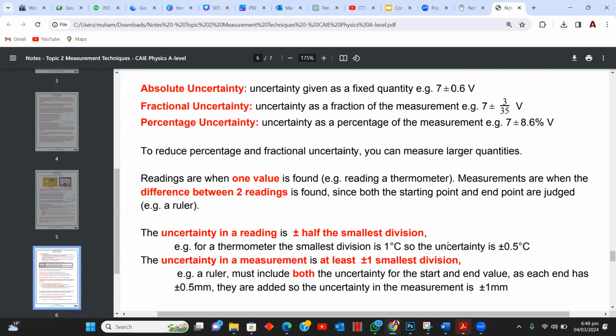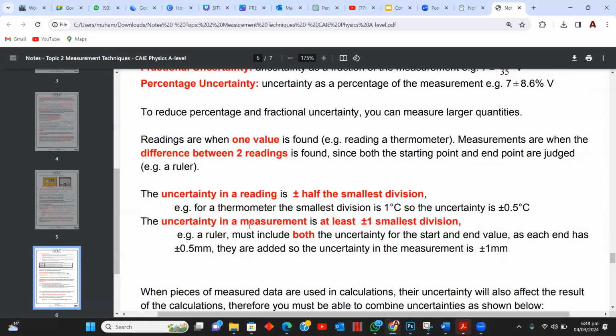So the takeaway here is that in the case of instruments, before you have the values, you divide the least count by 2, and that is the error, and then you write it with the reading. Got it?